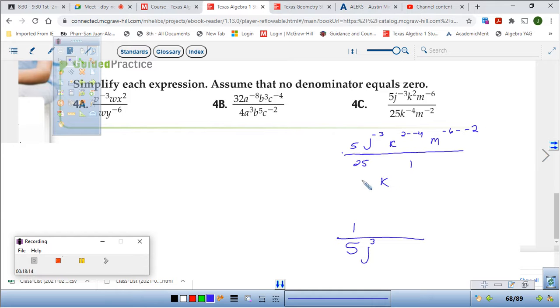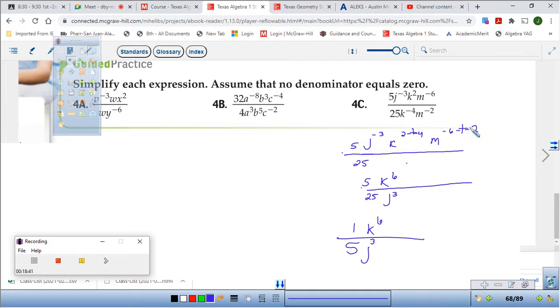This k, okay, looking at the k only, this becomes a 6. So guess where it stays? On the top. This one stays like that because 2 plus 4 is 6.